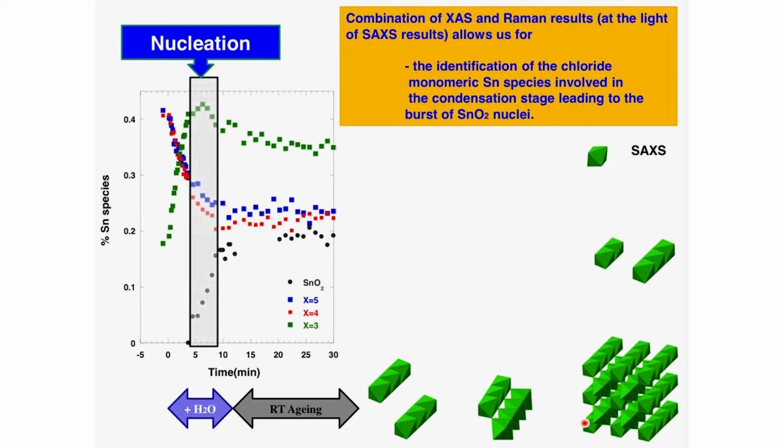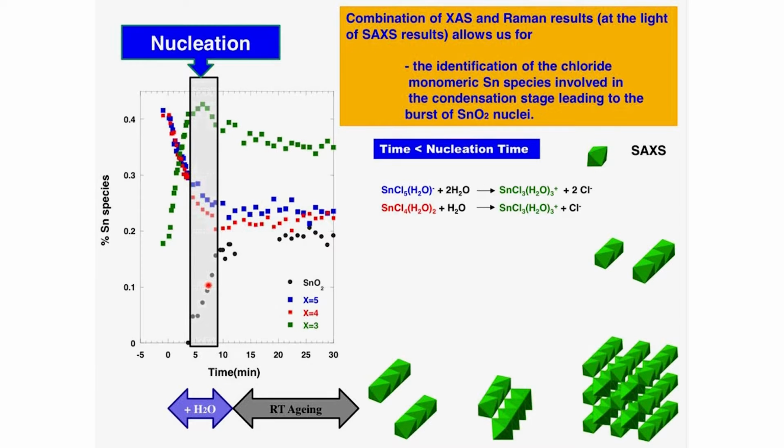So, taking into account the speciation here, we were able to propose the following reaction pathway. First, at the early stage of the reaction, that means during the addition of water but before the nucleation. The nucleation is the time where you start to form the tin oxide nuclei.